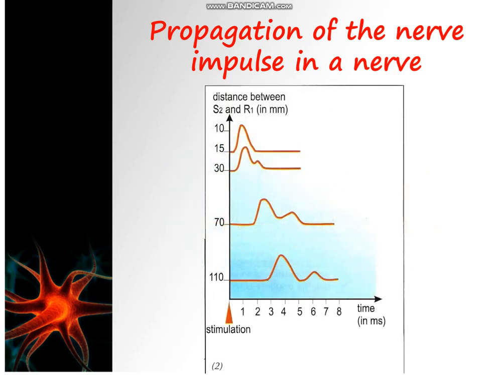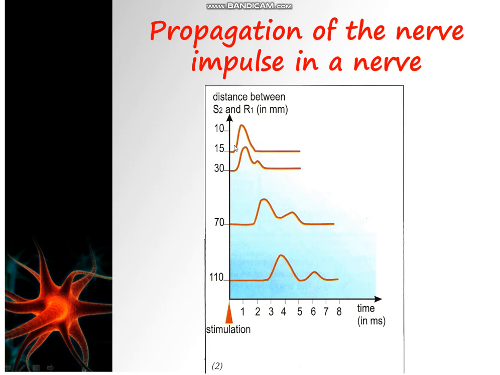Finally, in this document, we study the recording obtained upon the stimulation of a nerve as a function of the distance between the stimulating electrode S2 and the recording electrode R1.